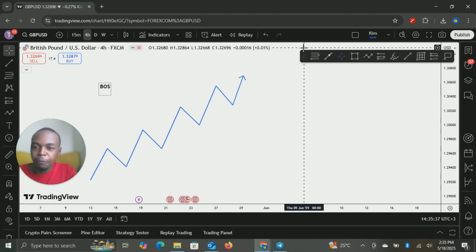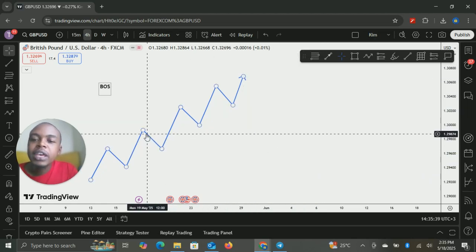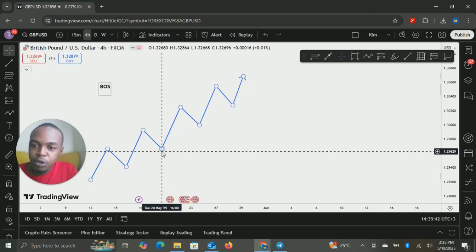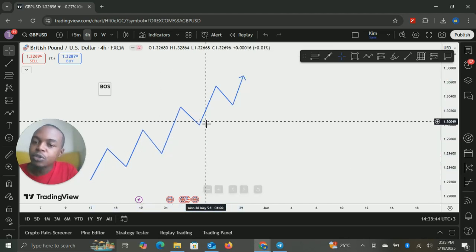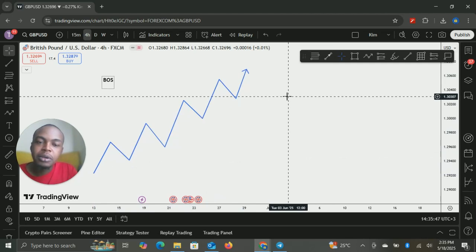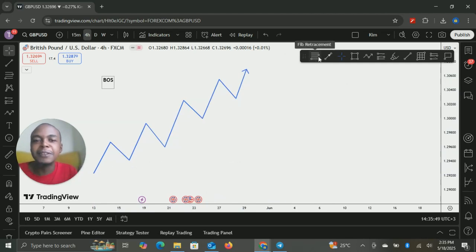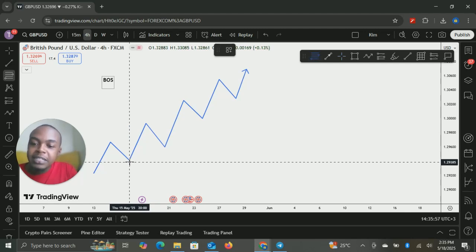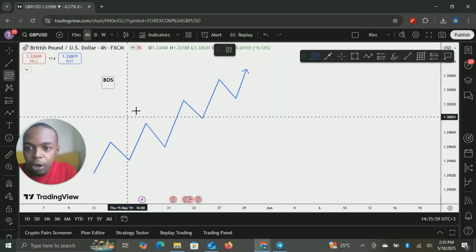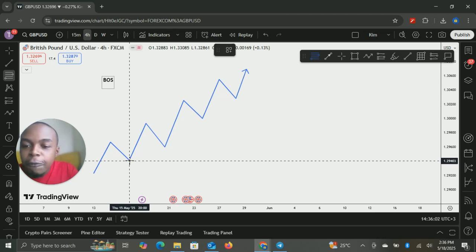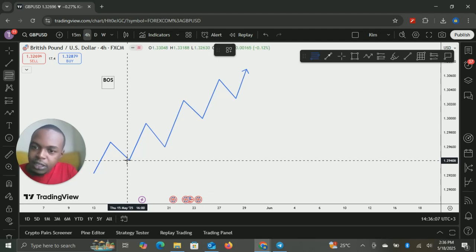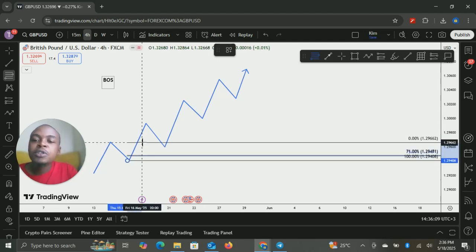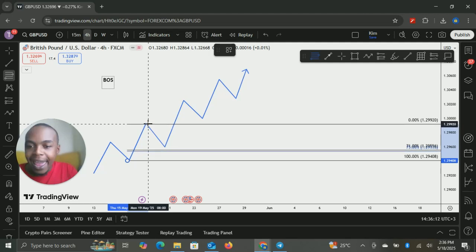Okay, guys, if you want to get to a trade with a very simple strategy that you don't even need 15 minutes of over-analyzing the market for, you just take the fib tool, go to the market, and if it's a buy or a bull market, you start drawing from the lower high to the higher high.